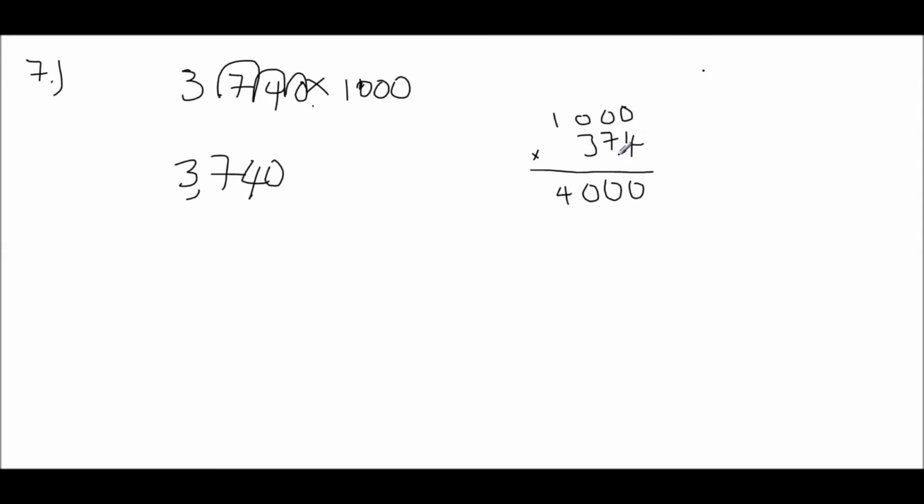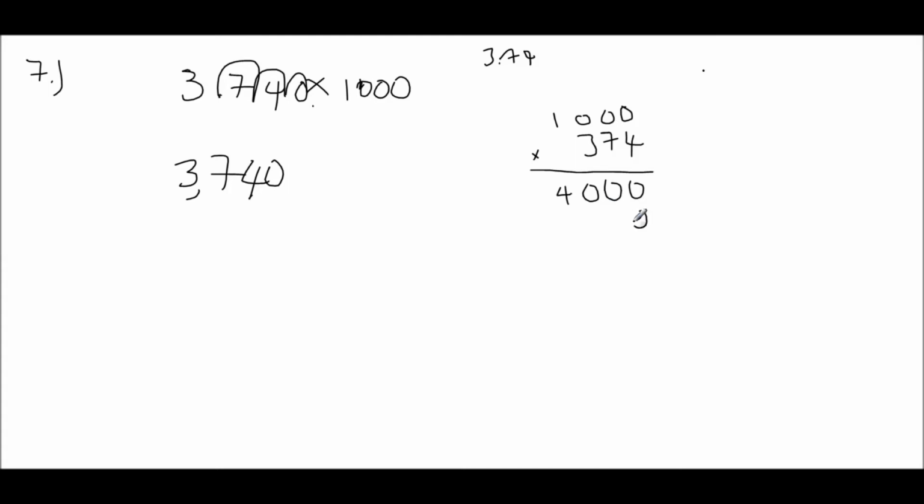And why we say 374, the theory behind this is that we should treat our decimal 3.74. We just take off these, we put the decimal point away for now, multiply it as a whole number, and then later we add them back.